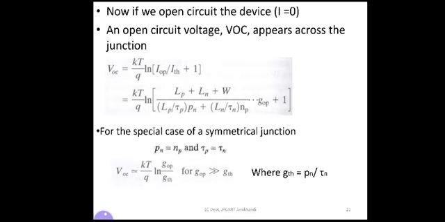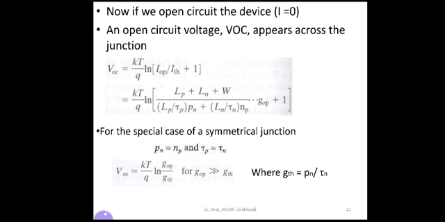Now if we open circuit the device, that is if I is equal to 0, the open circuit voltage VOC is nothing but the voltage that appears across the junction. So VOC is equal to kT by q into ln(IOP by ITH plus 1). So that is equal to kT by q into ln of [(Lp plus Ln plus W) divided by (Lp by tau p into Pn plus Ln by tau n into Np)].